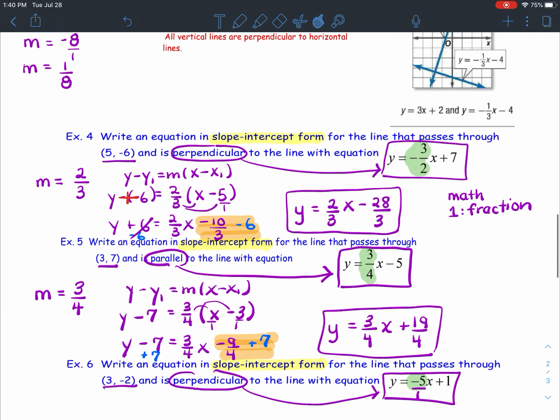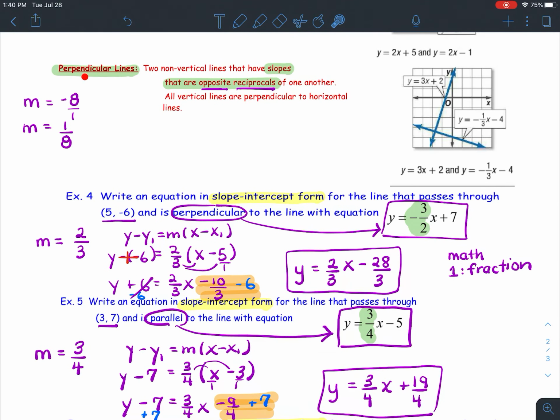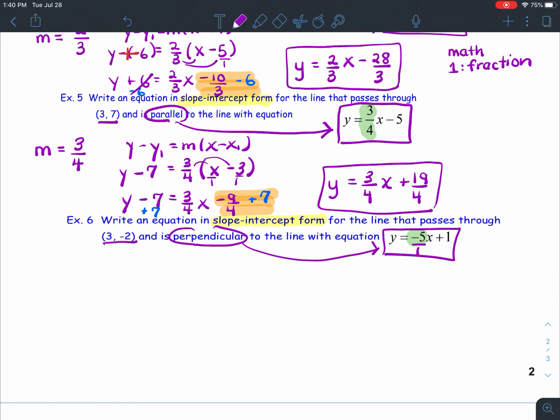Now remember up above here, we said, how do the slopes relate of perpendicular lines? They are opposite reciprocals. So if the slope of this line is -5, then I need our slope to be positive 1/5. Okay, that's the slope that we are going to use for our line that will be perpendicular.